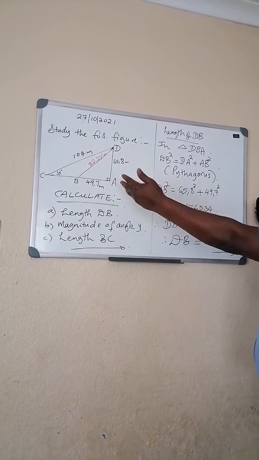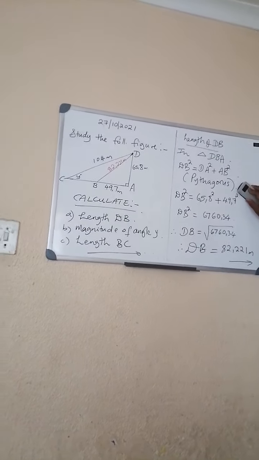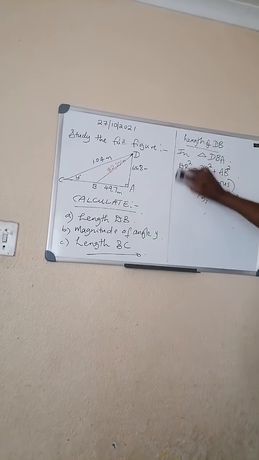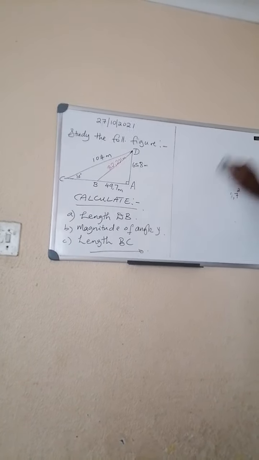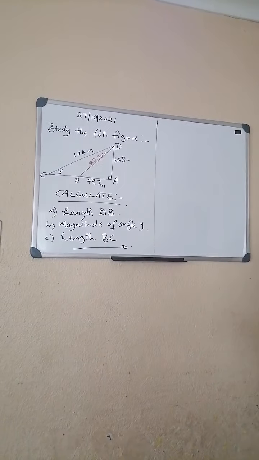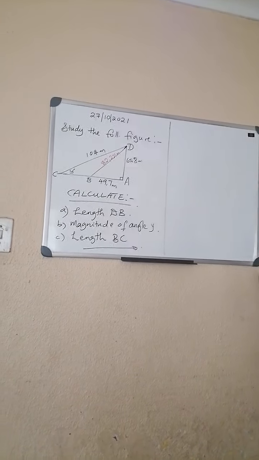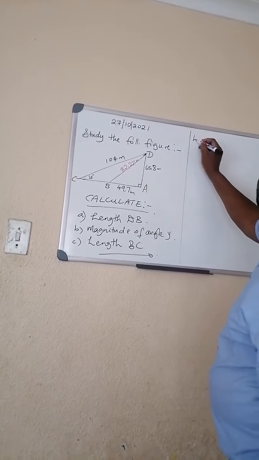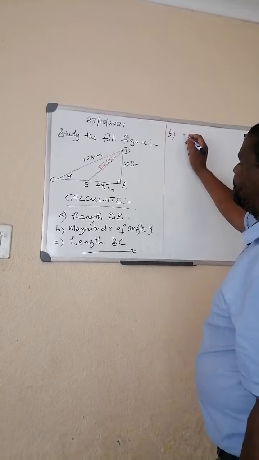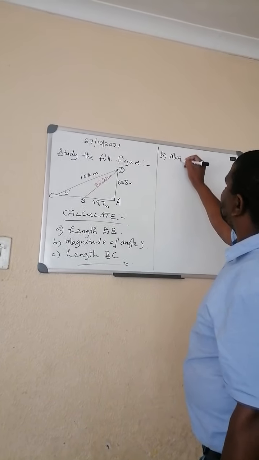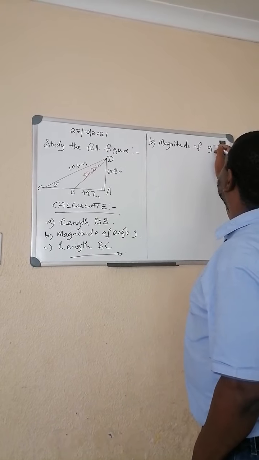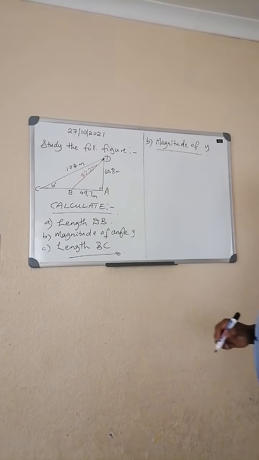I've put it there so that if we forget, we can always refer from the sketch. Now number B, magnitude of Y angle.